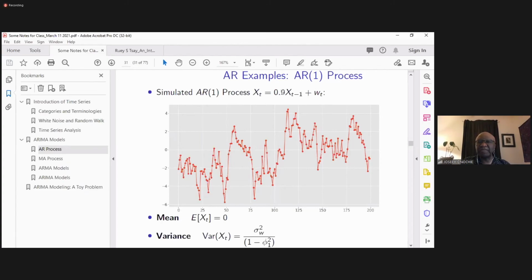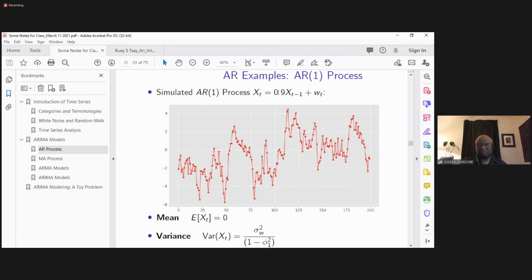If this number is 0.9, it is large, it is closer to a random walk than not. Guys, if this coefficient is exactly 0, then this process is a white noise. So an AR1 process can go from one extreme, white noise, to the other extreme, random walk. And a random walk process is not stationary.